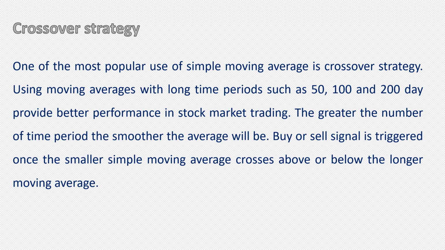A buy or sell signal is triggered once the smaller simple moving average crosses above or below the longer moving average. For example, if we install 50 and 100 days periods and the 50 days crosses the 100 days while going upward, this intersection is called a golden cross.